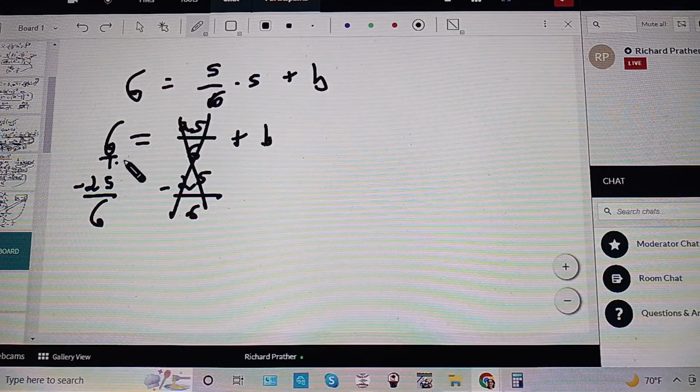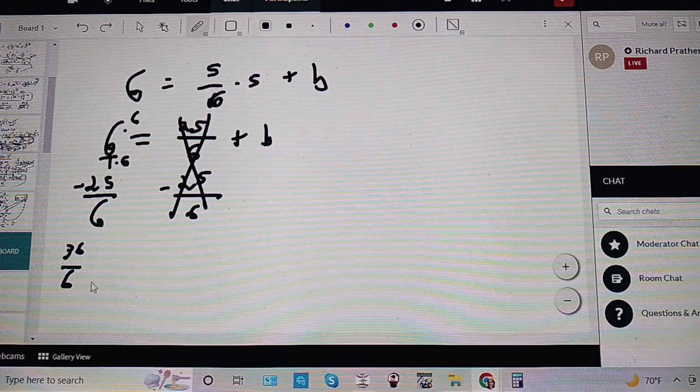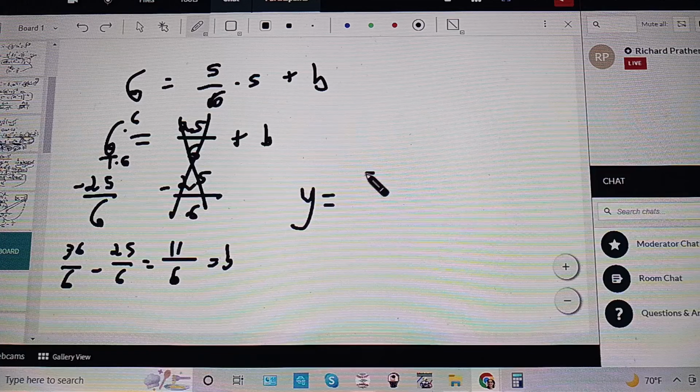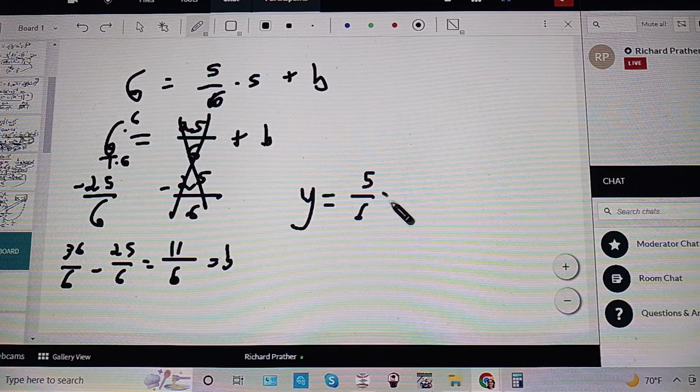So you'd have to multiply this by 6 over 6, and that would turn it into 36 over 6 minus 25 over 6. That's 11 over 6. This is what b equals. So the final answer, the equation of the tangent line, is y equals 5 over 6x plus 11 over 6.